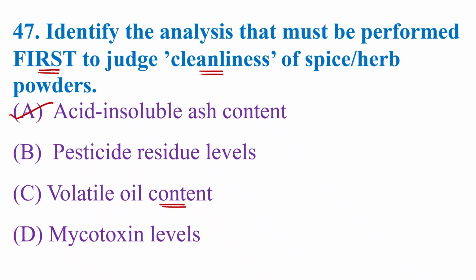So it reflects the aroma, the quality, its authenticity, but not the cleanliness. And mycotoxin levels. This basically reflects the fungal contamination and safety, not the physical dirt or extraneous matter. So over here, my correct option will be option number A, that is acid insoluble ash content.